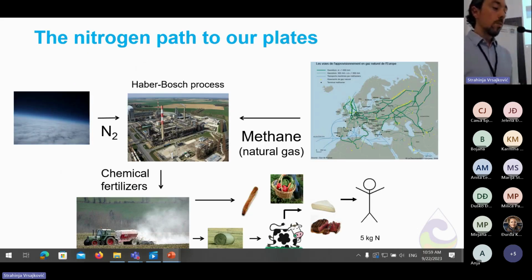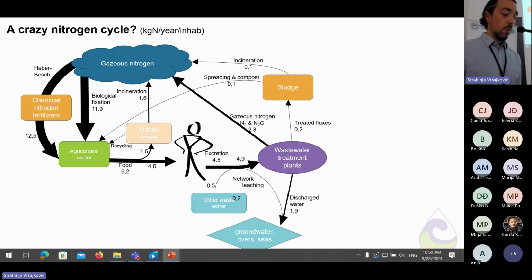Why is that? Because we mostly take nitrogen now from the atmosphere, and we mix it with methane from natural gas through the Haber-Bosch process to produce chemical fertilizers. And then we have food production and consumption by humans. And the thing is, as I said, that all the nitrogen in food is excreted and goes to wastewater treatment plants.